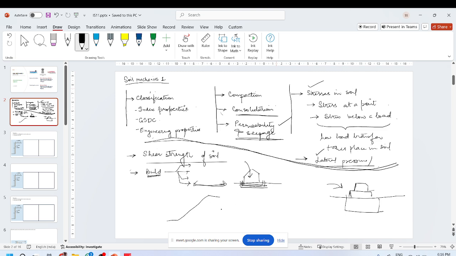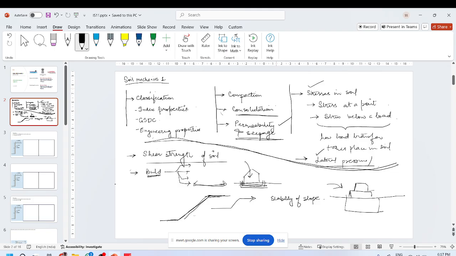Okay, here also we have two scenarios. One scenario is that we want to know if this slope itself is stable, be it natural or man-made.